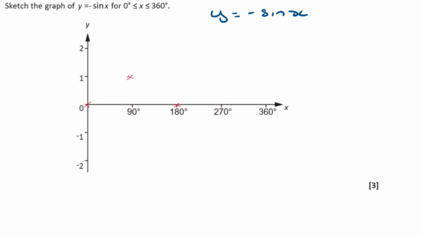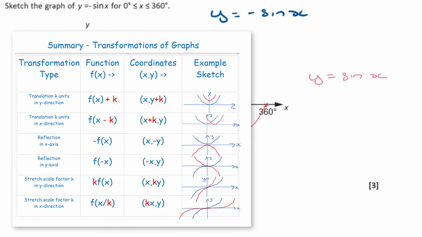It looks like this, doesn't it? It goes through these points. Goes through 0, 0, 90, 1, 180, 0, 270, minus 1, and then back to 0 there. So the graph kind of gives you a sine curve through those points. So that is y equals sine x. Now, y equals minus sine x.